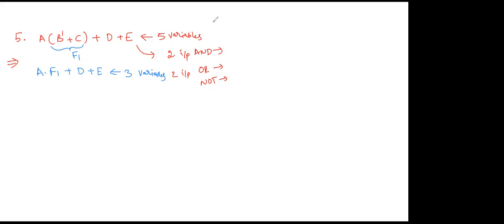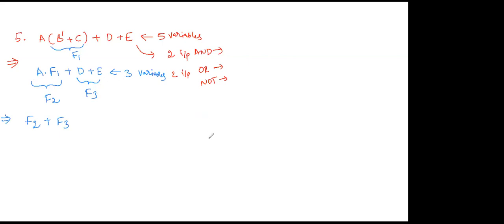Again, try to reduce. So I am considering A into F1 as one function, F2. You can consider D plus E as another function or another variable, F3. So F2 plus F3.